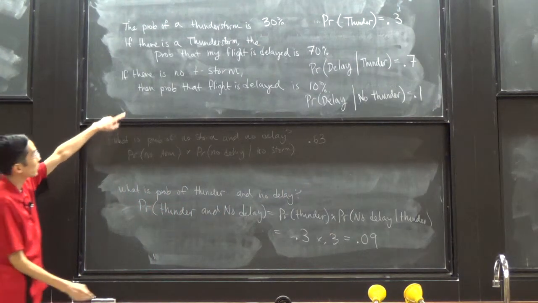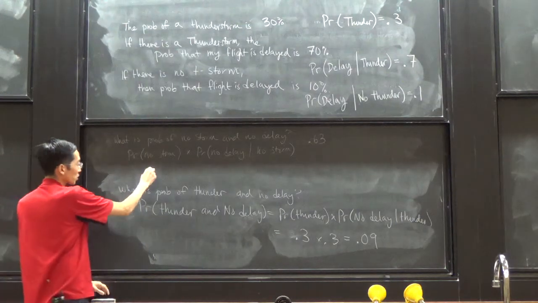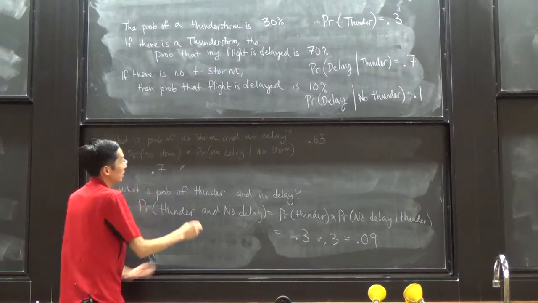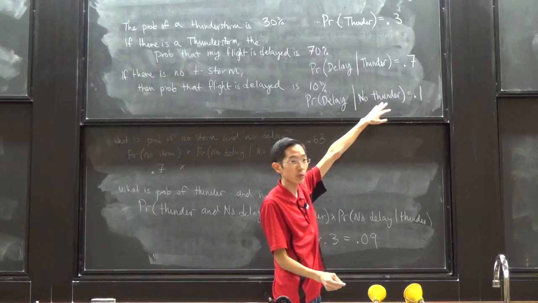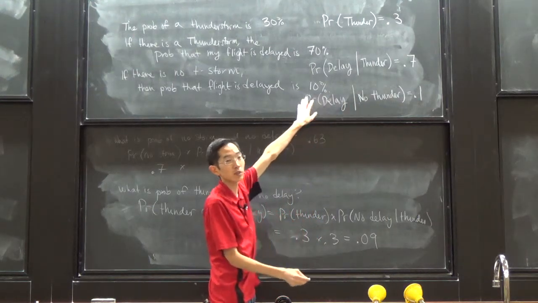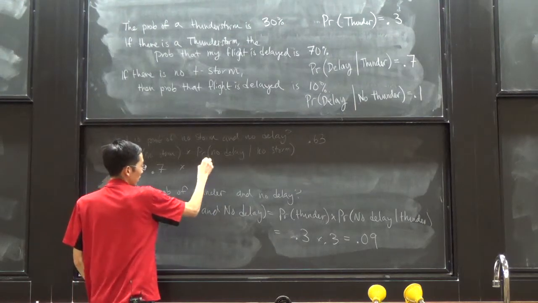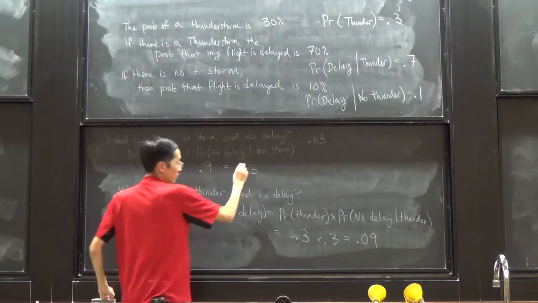If the probability of a storm is 0.3, then the probability of no storm is 0.7. And the probability of a delay when there's no thunder is 0.1, so the probability of no delay when there's no thunder is 0.9. Okay, and that's how we get 0.63.